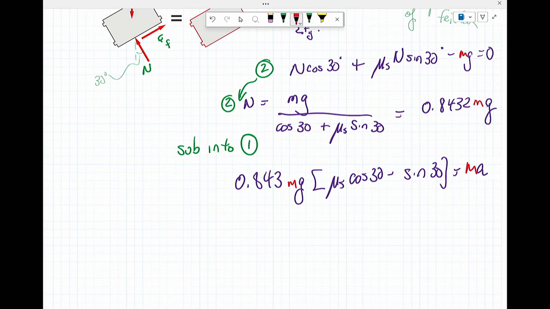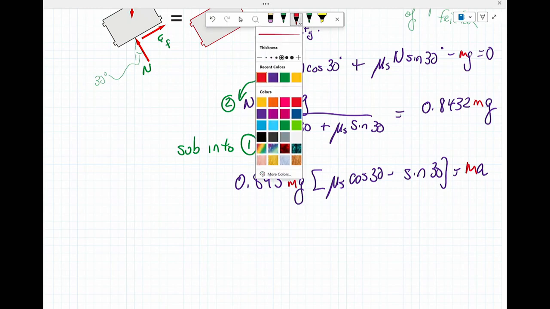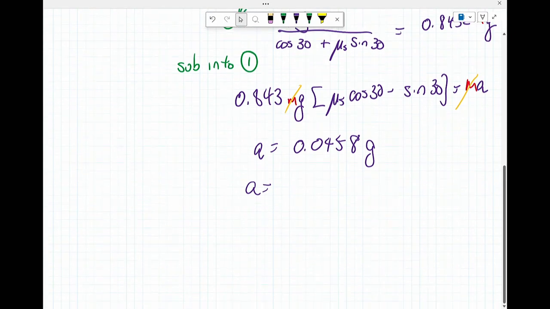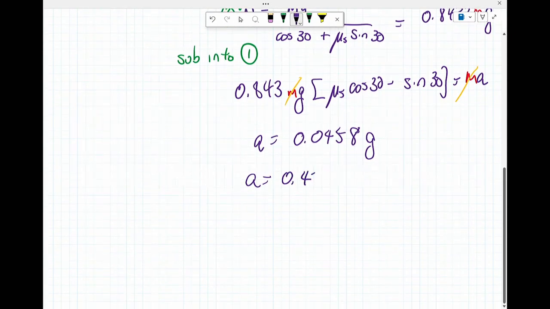The crate doesn't play much of a role. So that is canceled, and you end up with the acceleration equal to 0.0458 g, or if you put in the numbers, 0.45 meters per second squared.